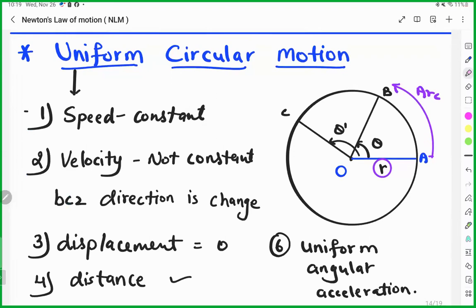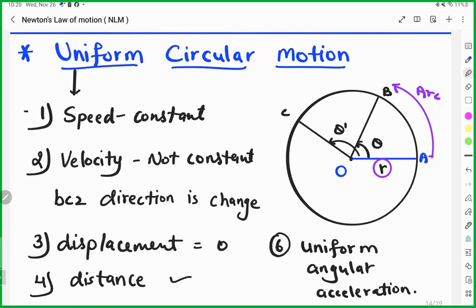Uniform circular motion. In uniform circular motion, we know the body keeps rotating in the circle. So here we cannot talk about displacement as such. Why? Because net displacement will be zero. Make sense, Barinder? Any doubt?